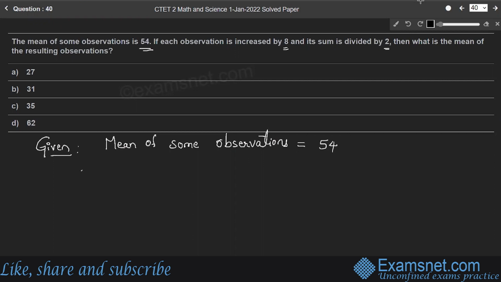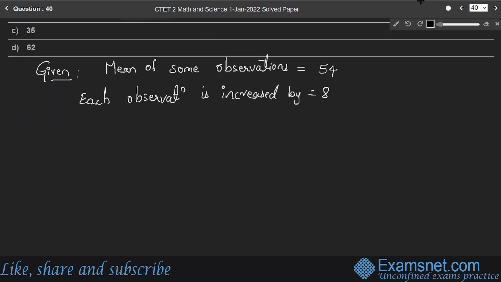Each observation is increased by 8. Right? And the sum is divided by 2.